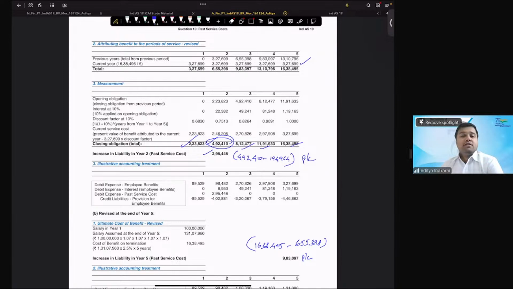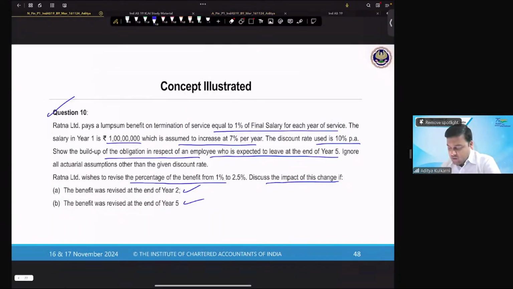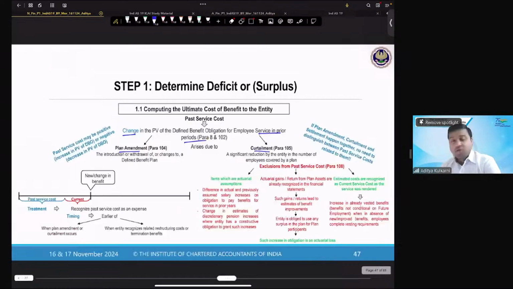Because of this, there is a surge in the benefits that need to be paid. This surge will be accounted in the P&L in the year of such modification. So I hope that until here we were comfortable and there is no query as far as this is concerned. Okay.